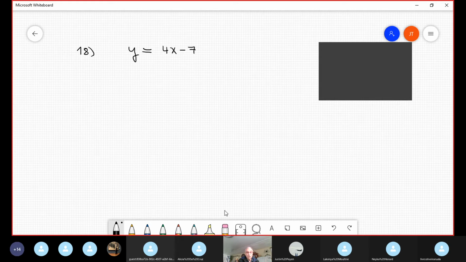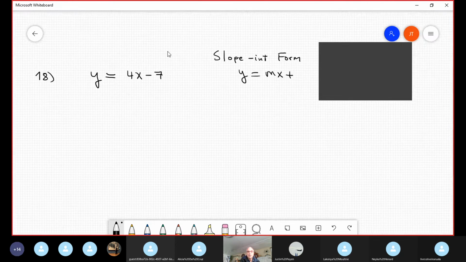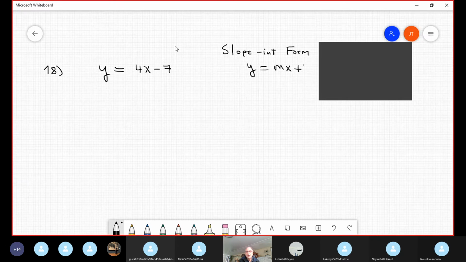This linear equation is expressed in slope-intercept form, which is super easy: y equals mx plus b. You recognize, comparing this equation, that m is 4 and b is -7.